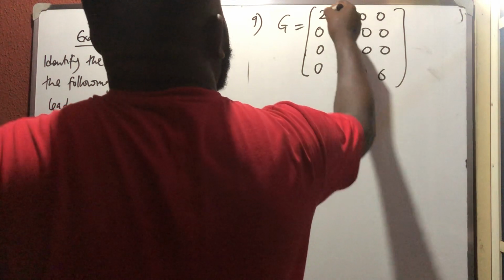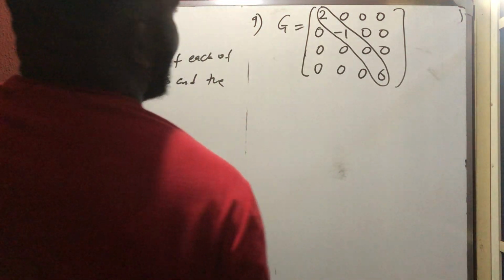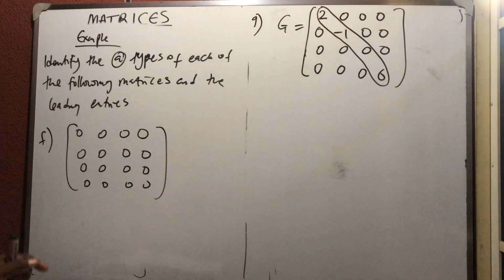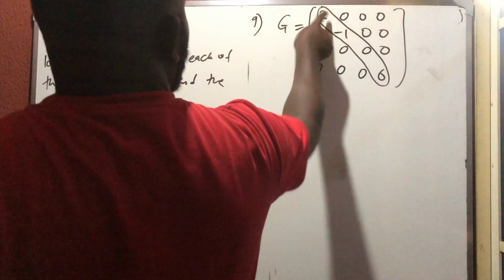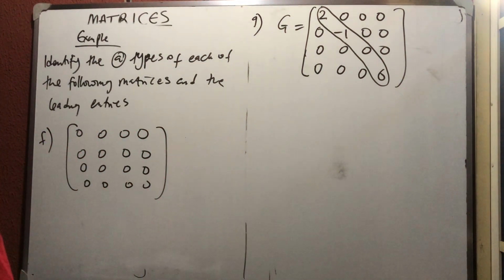Now if you look at this, this is the diagonal, and the upper triangular and the lower triangular entries are all 0. So this is a diagonal matrix. First of all, it is a square matrix, and then secondly, it's a diagonal matrix. And the leading entries there are 2, minus 1 and 6. Don't forget that a leading entry cannot be 0.